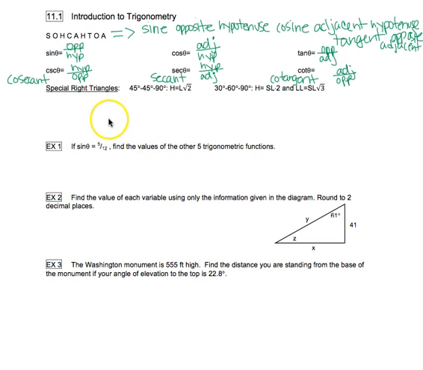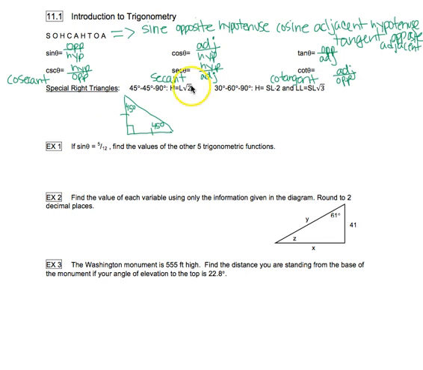Another thing that we have to review from geometry are the special right triangles, a 45, 45, 90 and a 30, 60, 90. So when you have a 45, 45, 90, that means it's an isosceles right triangle. So two equal sides, which means two equal angles, both at 45 degrees.